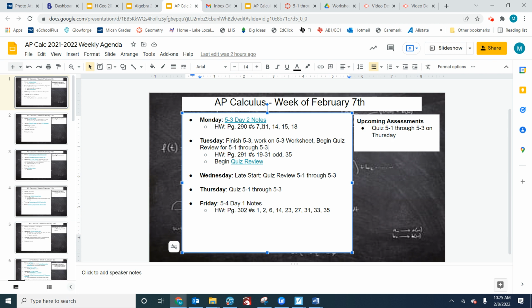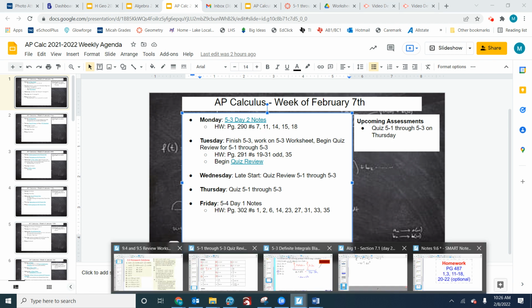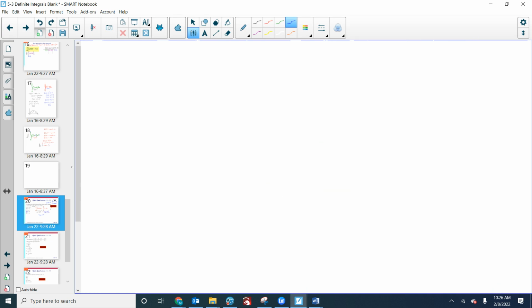Now, did you try to use antiderivatives for 14? Be careful. Quick answer, quick check: the average value was 1.